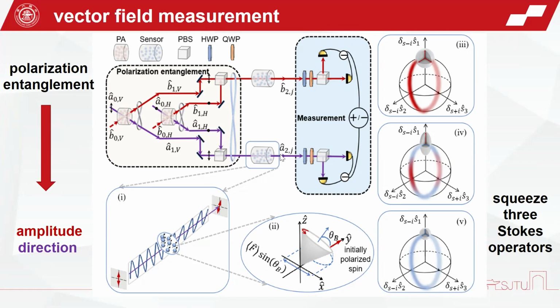Now we use two, and these two beams have perpendicular polarizations, and they are combined with a polarization beam splitter. And we found this light source can squeeze 3 Stokes operators at the same time. So this suggests vector field measurement. We can squeeze both the amplitude and direction of the magnetic field simultaneously.